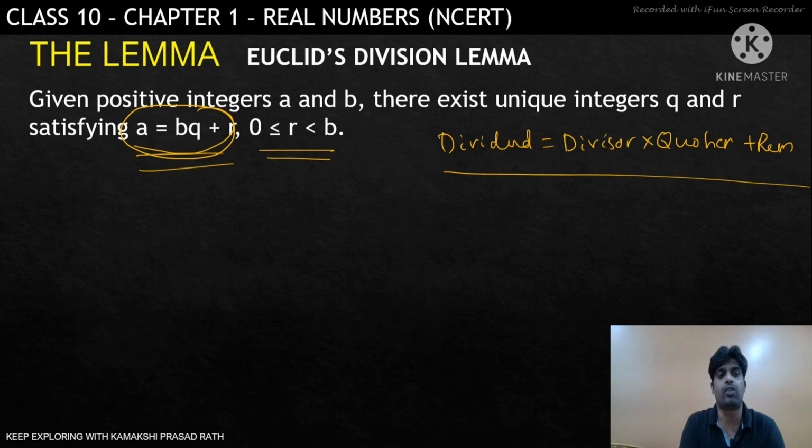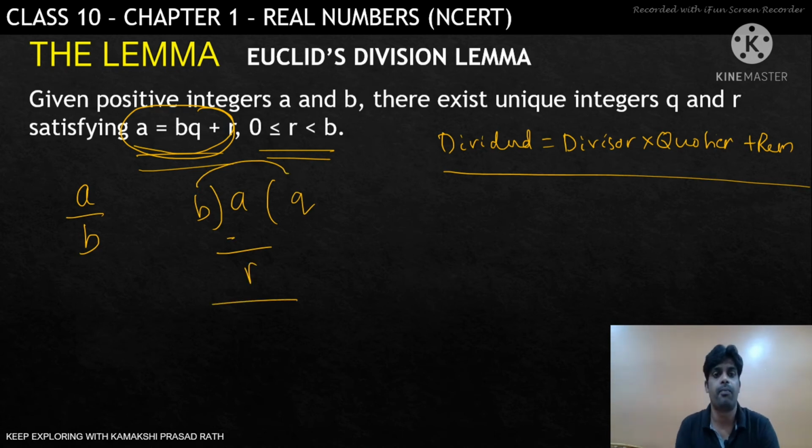So if we divide a by b, think that there are two positive integers a and b and we are dividing. Suppose a is being divided by b, then there will be some quotient, let it be q, and b into q will come, and if we subtract we get a remainder. That's the simple division we were doing earlier.